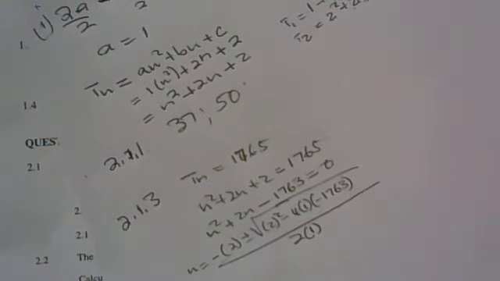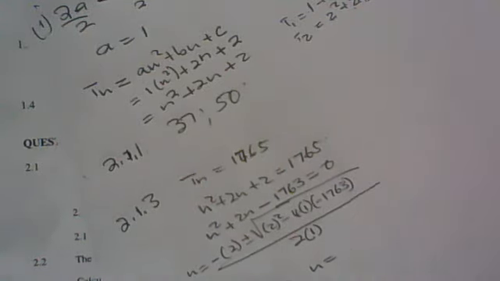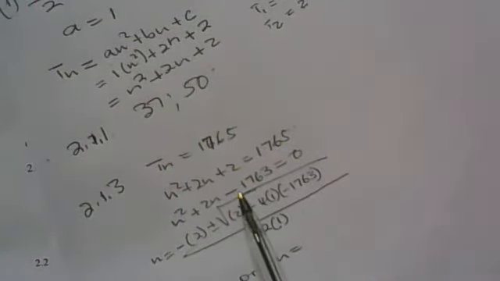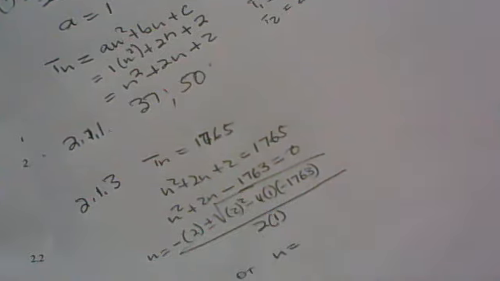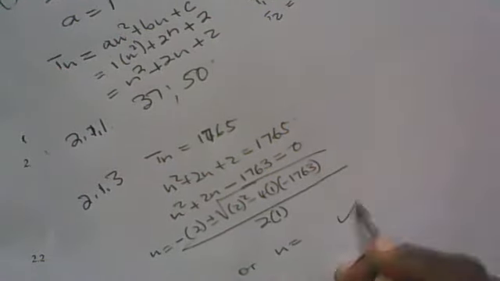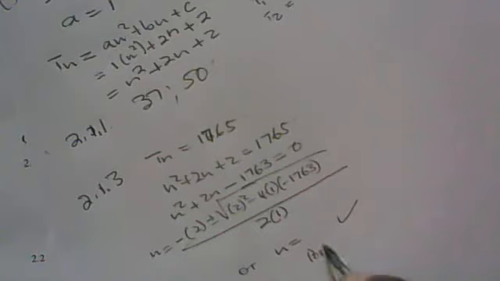Therefore, your n is equal to, or n is equal to. Now, here we are going to have another value being negative, because of the plus and minus sign. So we are going to reject the negative value. So by substituting this, you'll get your positive value. Now, the correct one will be positive.